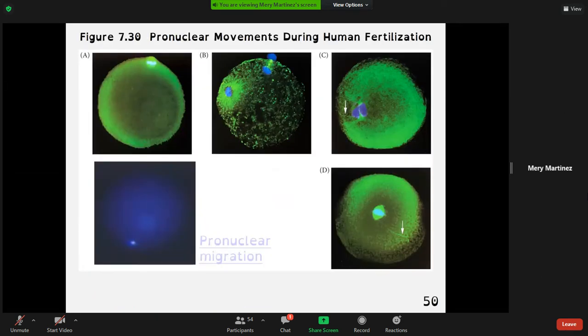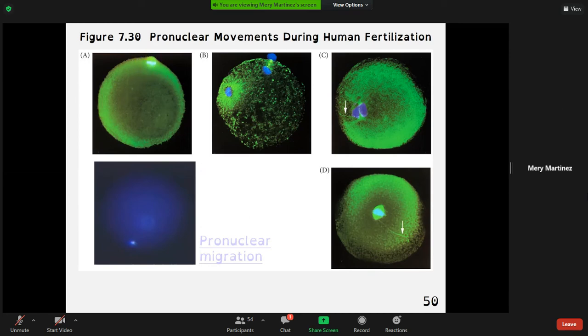Okay. So in resume, this is what we can see in this figure. So this is the human fertilization. Microtubules are stained in green, as we see all around here. And the DNA is colored in blue right there. So here in A, mature unfertilized eggs that completed meiosis 1 and produced one polar body, which is seen right here.